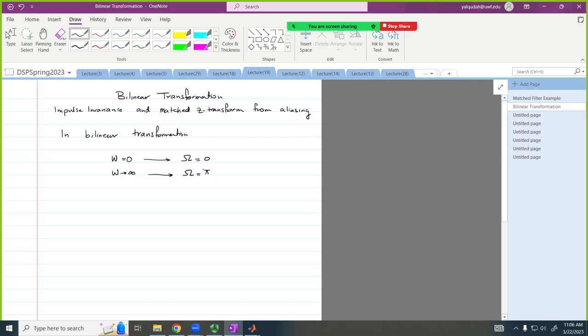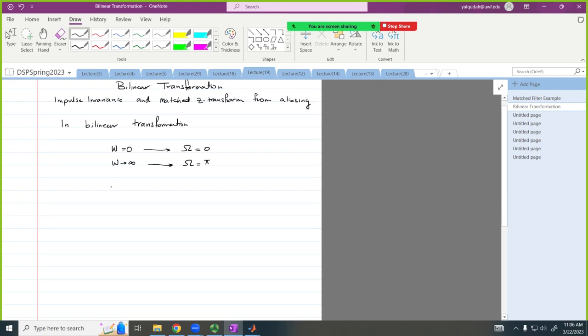So the transformation that is going to give me this is S equal to 2 over T multiplied by (z minus 1) divided by (z plus 1). We'll see how this works in a minute.